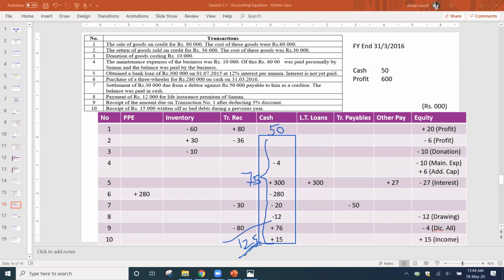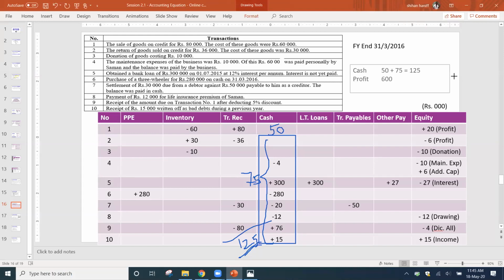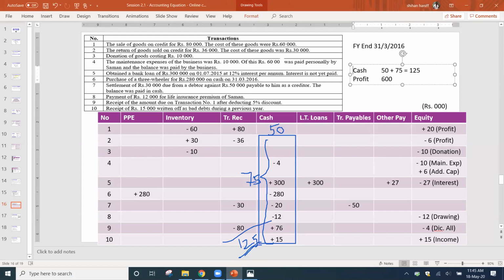So can you all tell me the effect on the profit? So we can say adjusted cash balance is... adjusted cash balance.